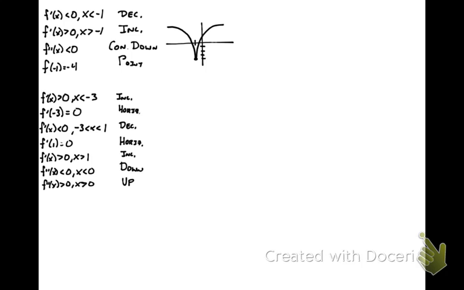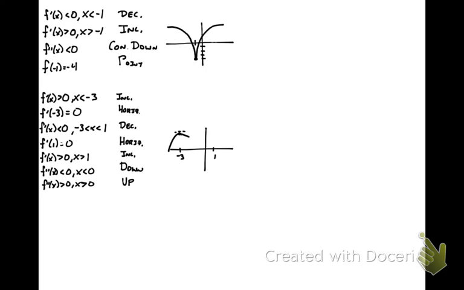So, if we were to sketch a graph of this using this information, I know that it should be horizontal at -3, and it should be horizontal at 1. The graph should be increasing into -3, where it goes horizontal. After -3, it will be decreasing, with a potential change in concavity at 0.